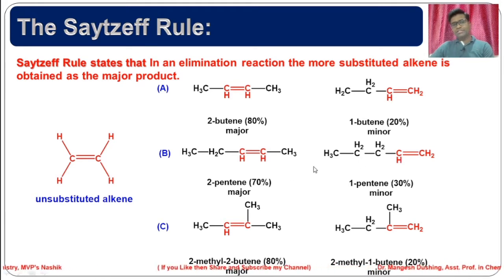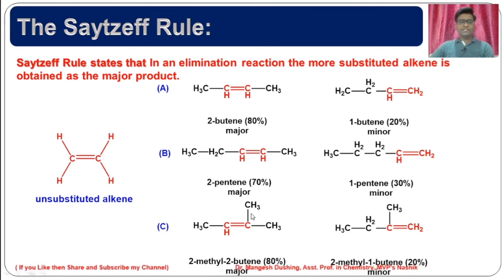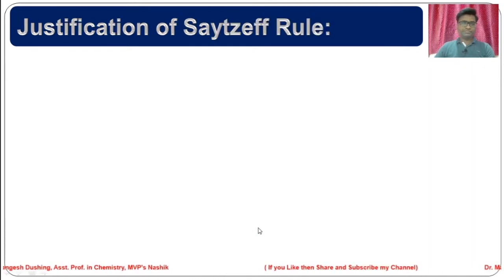So, according to the Saytzeff rule, 2-pentene is obtained as a major product, while 1-pentene obtained as a minor product. Similar case for the third reaction also, the product is 2-methyl 2-butene, while here is 2-methyl 1-butene. In this case this is trisubstituted alkene, while this is only disubstituted alkene. So, trisubstituted alkene is obtained as a major product.